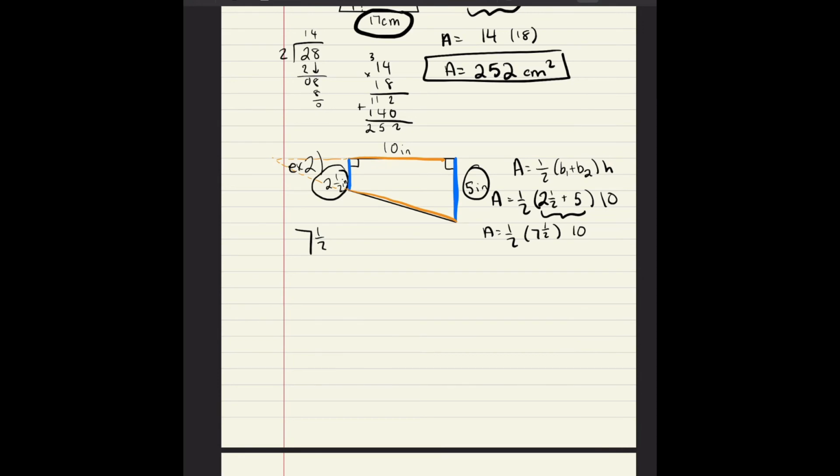Now I'm multiplying, so I have to turn my 7.5 into a fraction. So 7 times 2 is 14, plus 1 is 15. Denominator stays the same, over 2.